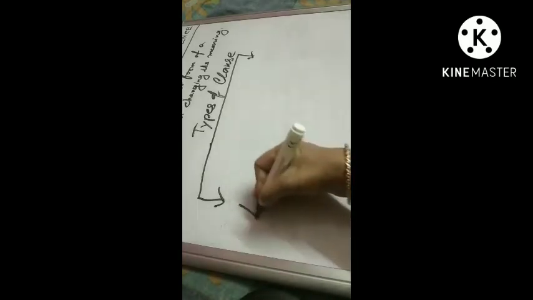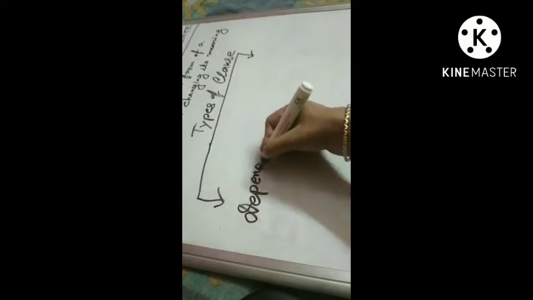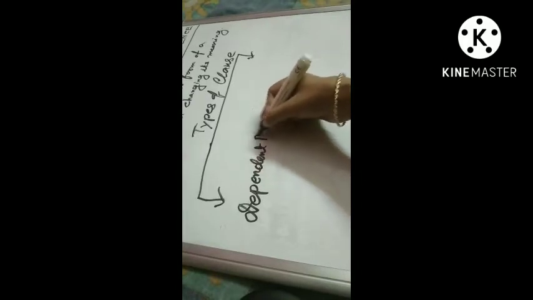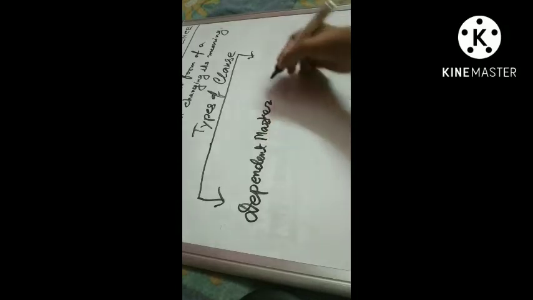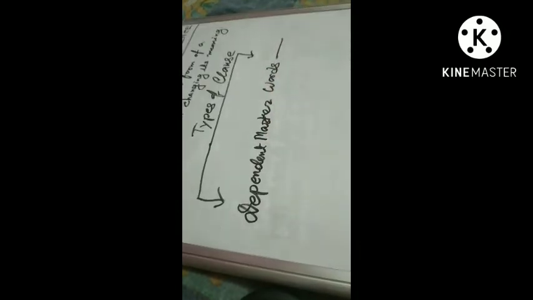Now we need to understand what are dependent marker words and independent marker words. So we have to take some examples. One is dependent marker words. What are dependent marker words?